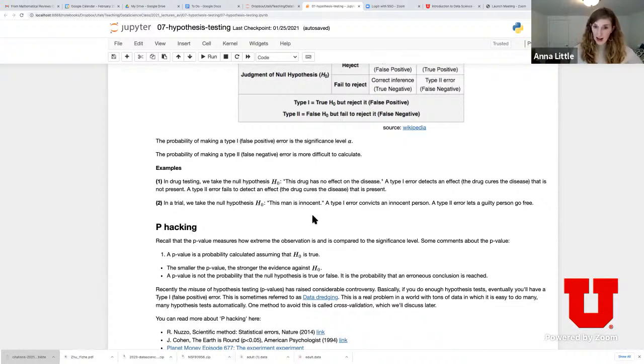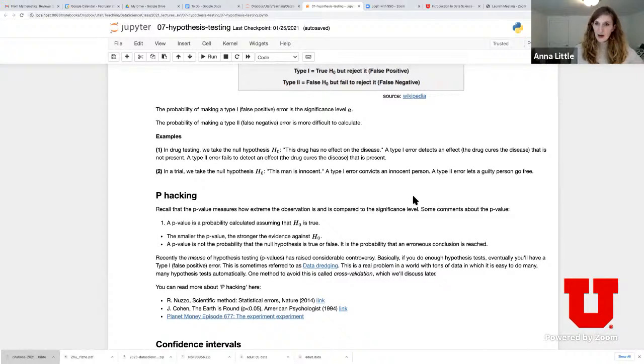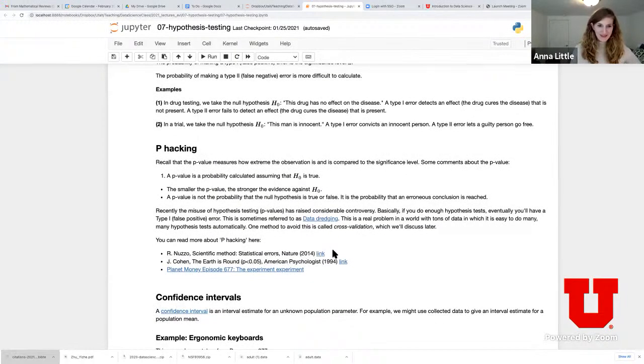Then a type 1 error convicts an innocent person, and a type 2 error lets a guilty person off. In certain situations, a type 1 error may be considered a lot more serious than a type 2 error, but of course you would prefer not to make either of them.